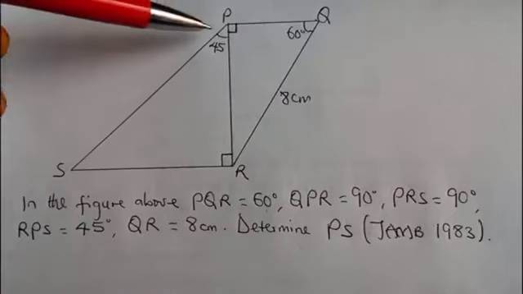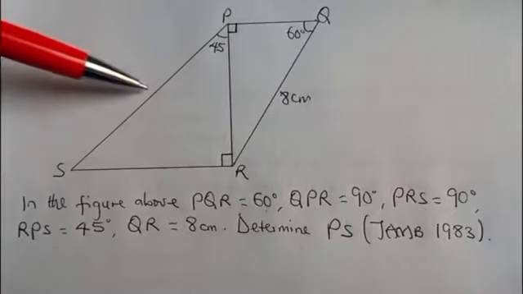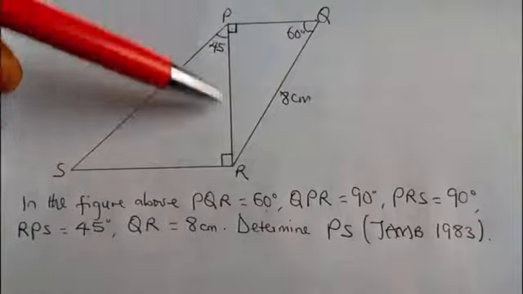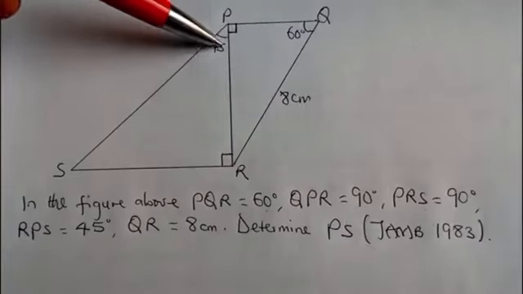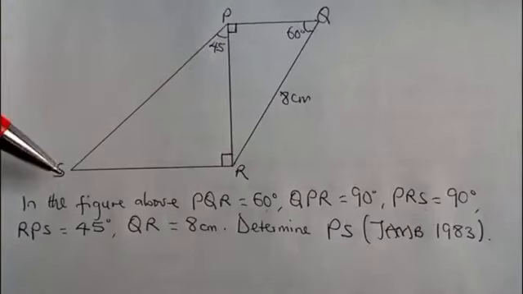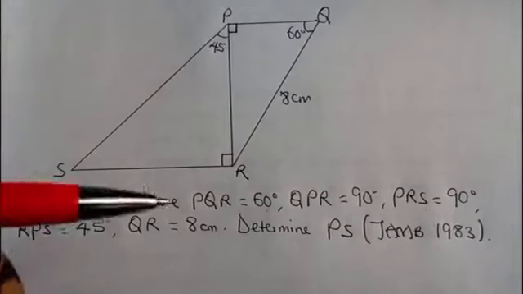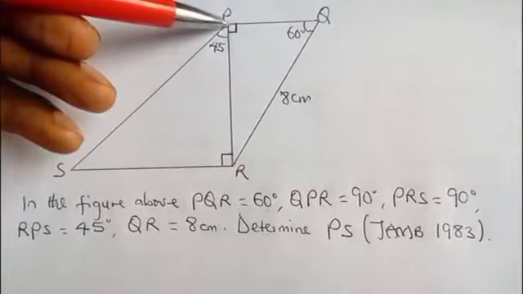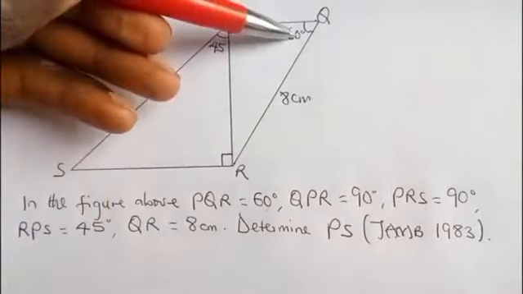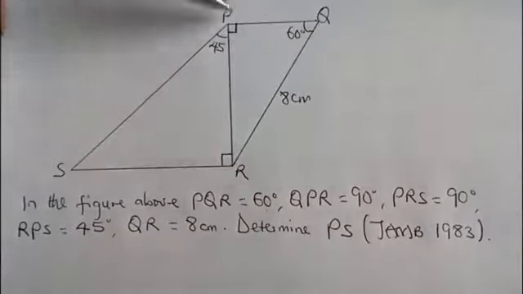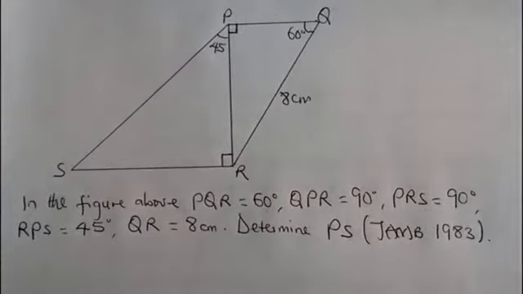The side they asked us to find is in triangle PRS, and the only information here is 45 degrees, which is not sufficient for us to calculate side PS yet. So what we will do is to first get line PR, using the information provided in triangle QPR. So let's extract that triangle and find the value of PR.